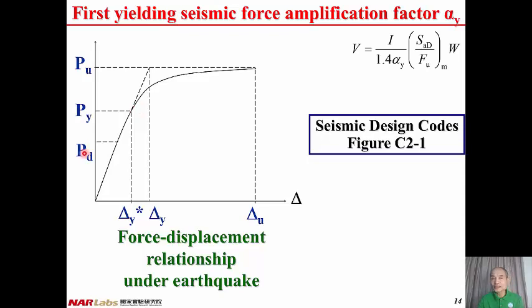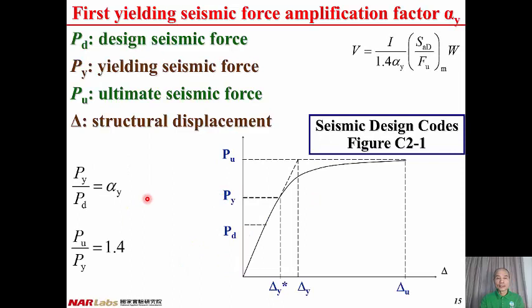Therefore, PD here is the design seismic force, PY here is the yielding seismic force, and PU here is the ultimate seismic force. This graph is taken from the Seismic Design Code figure C2-1.